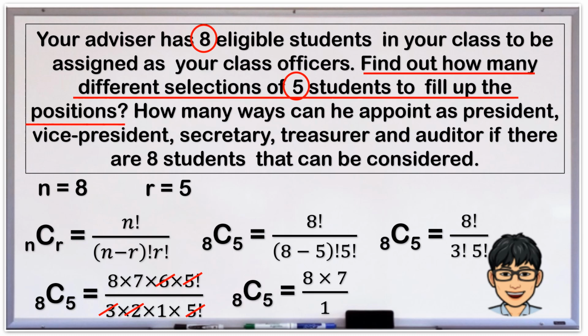And then, let us find the product of the remaining numbers. So we have 8 times 7, and that is equal to 56. So, ibig sabihin, meron tayong 56 ways, no, or 56 different selections to select 5 students out of 8 eligible students.